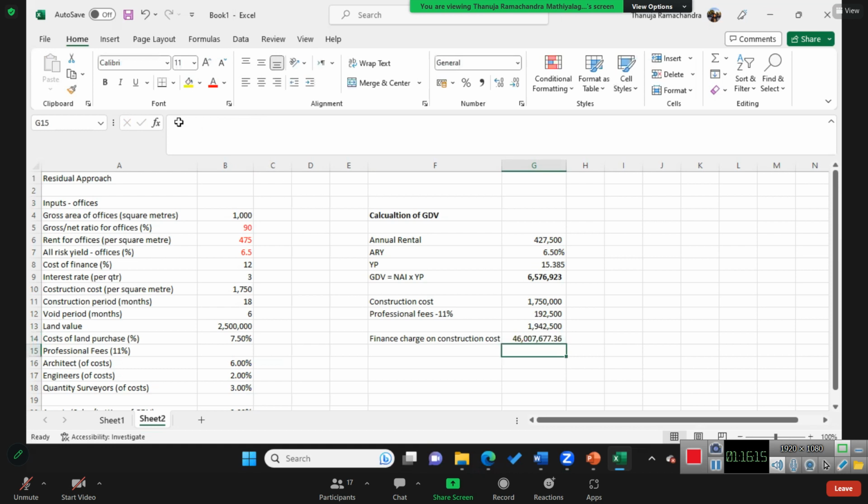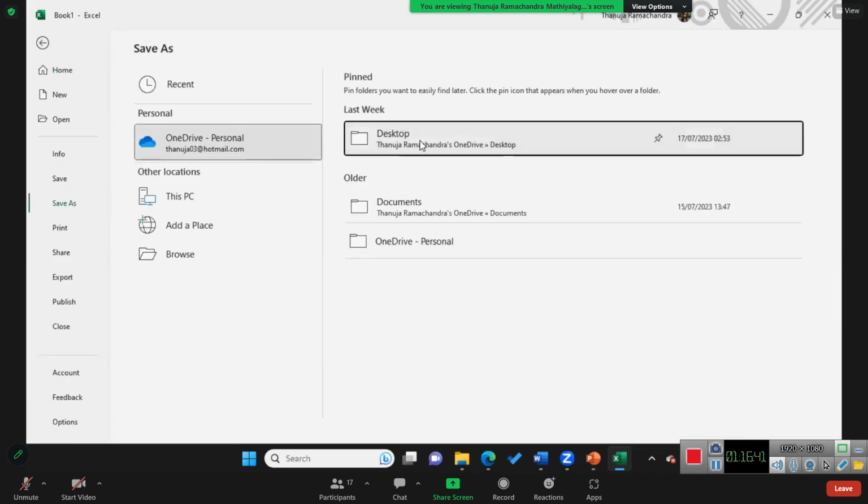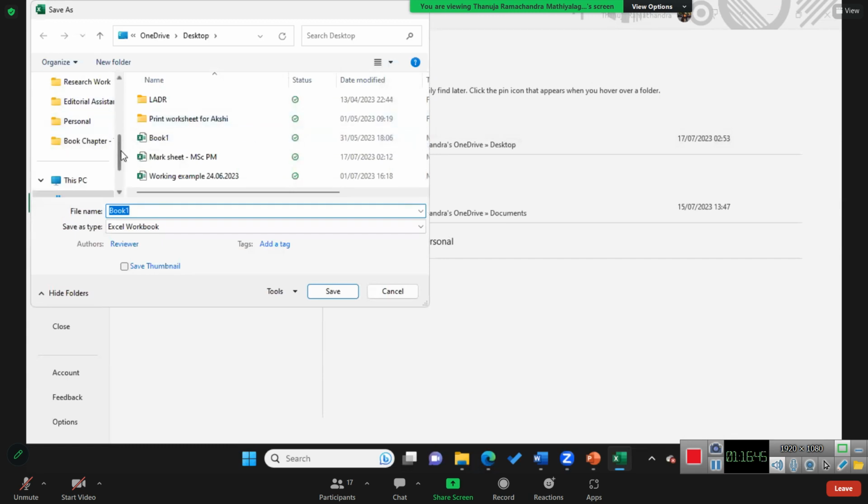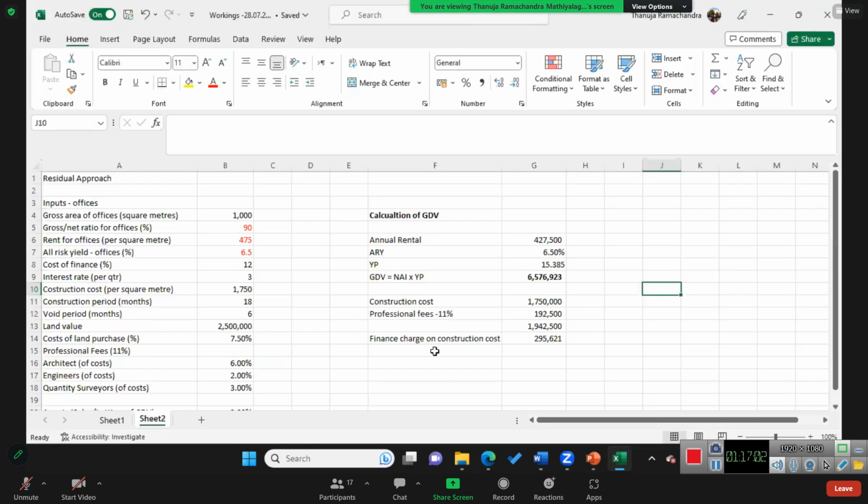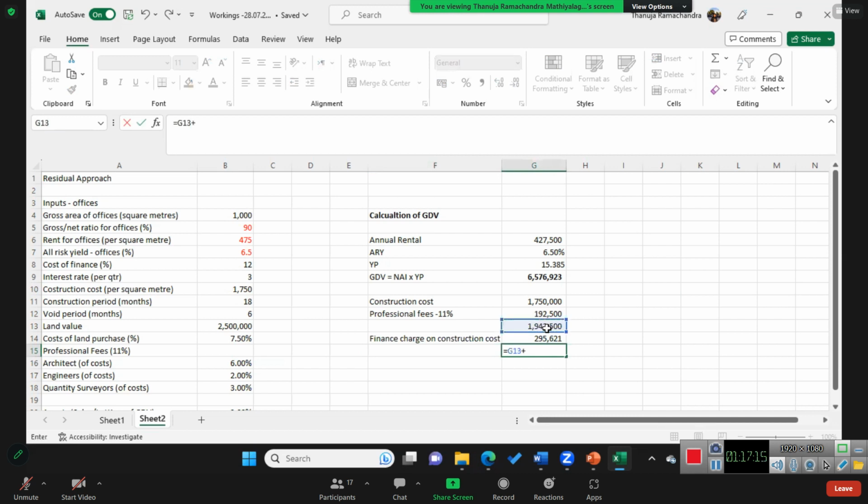Total. Oh, 30. 12%. Right? So total is this amount plus this.